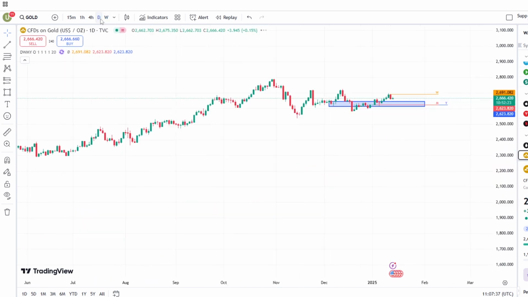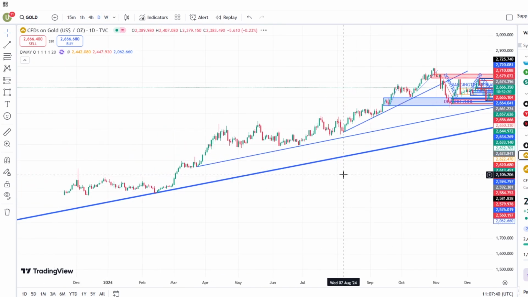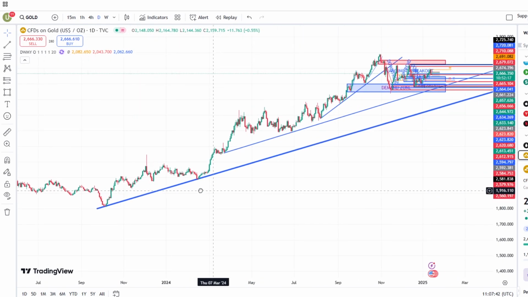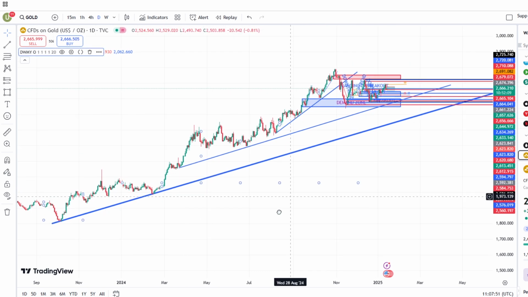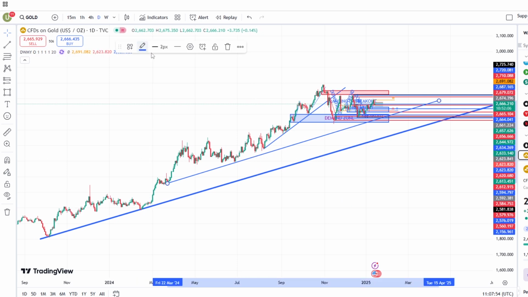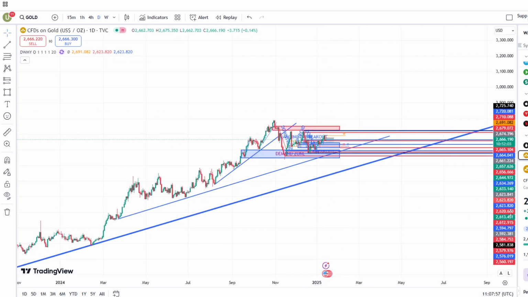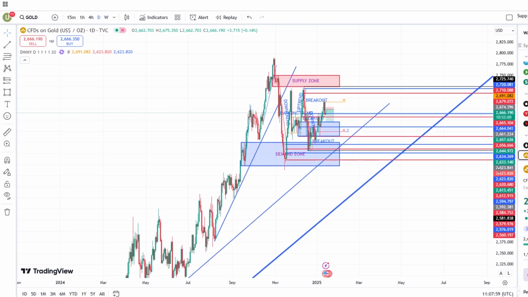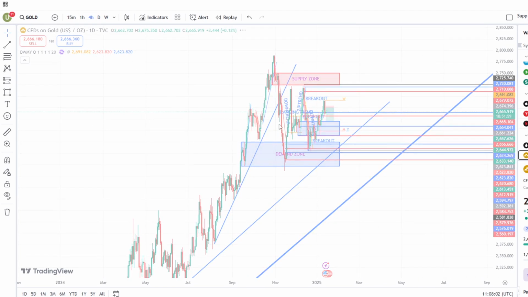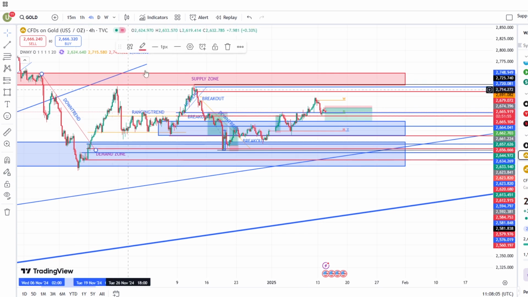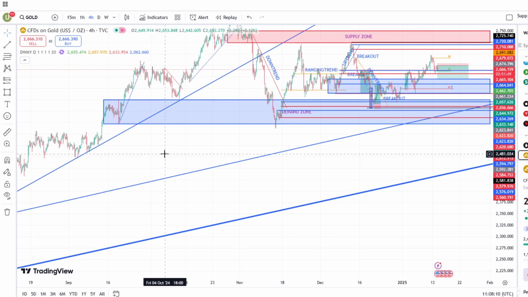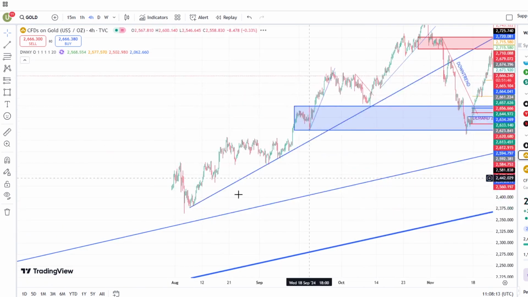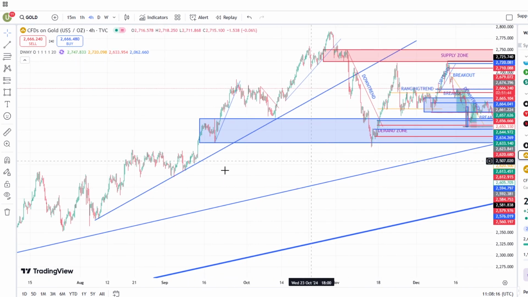On the daily time frame my trend lines are 2 pixels, and on the 4-hour time frame 1 pixel. The color coding is much more obvious: if it's blue we're going up, if it's red we're going down.